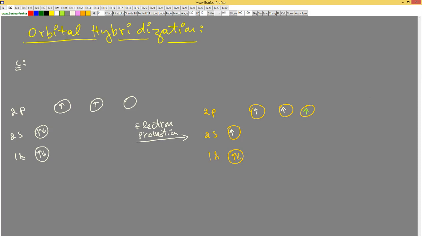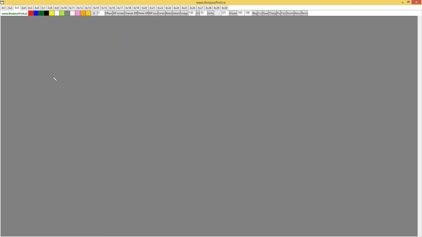So this is the ground state. The ground state is when the atom, in this case the carbon, is not expecting anything. It is there at home, the carbon in the ground state. And this one is an intermediary. So what will the carbon do here? It will take this situation and it will hybridize.